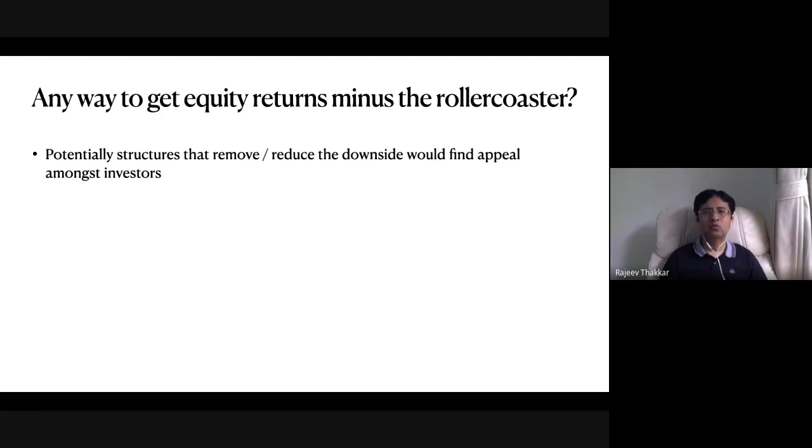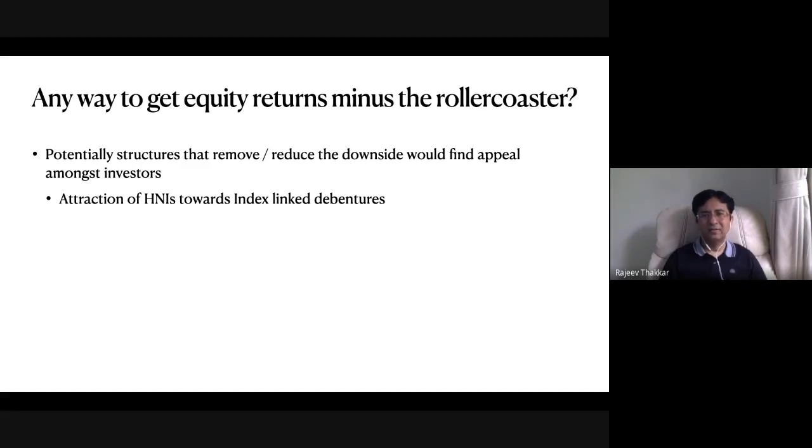And here one can use some of the quant toolkits and figure out how to do it. And we have seen the attraction of such kind of structures, especially among HNIs, where they invest in index linked debentures, where the capital is protected and they get a defined percentage of the upside and things like that.